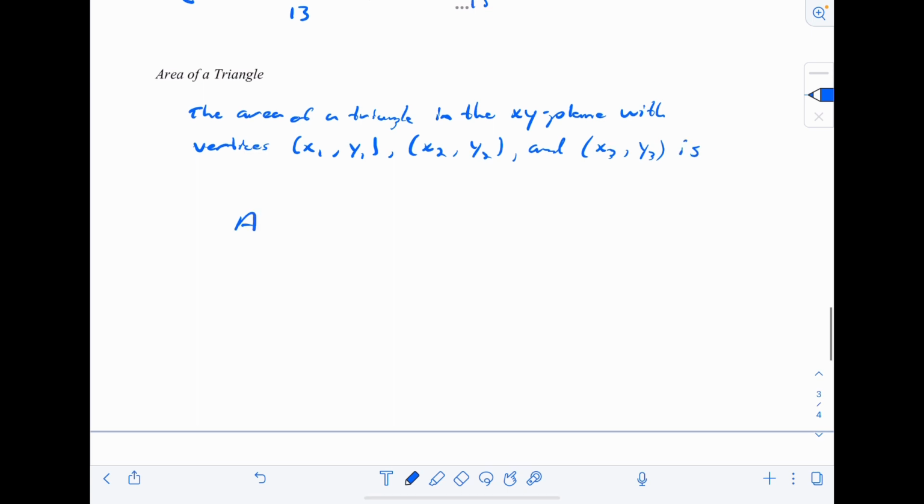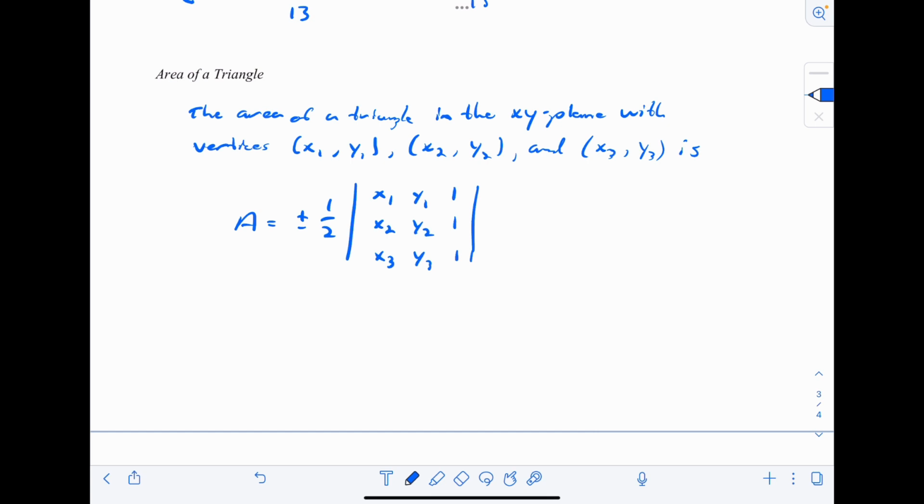So the area is plus or minus 1/2 times the determinant of X1, Y1, 1, X2, Y2, 1, and X3, Y3, 1.